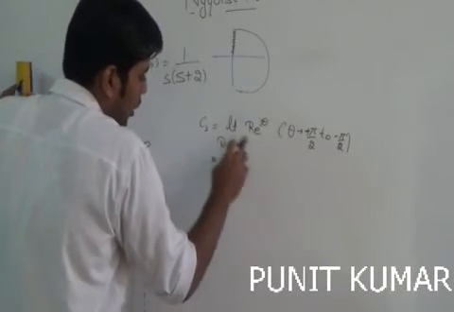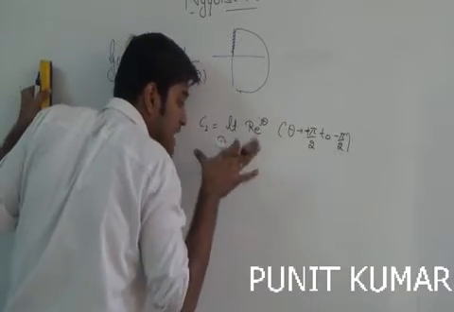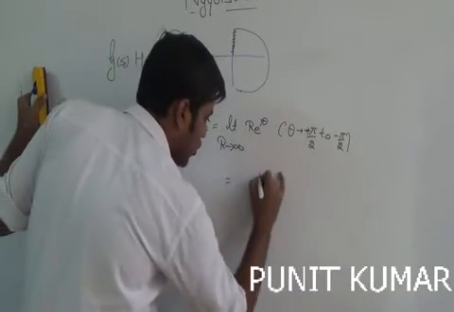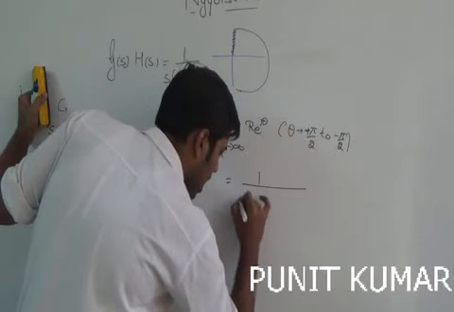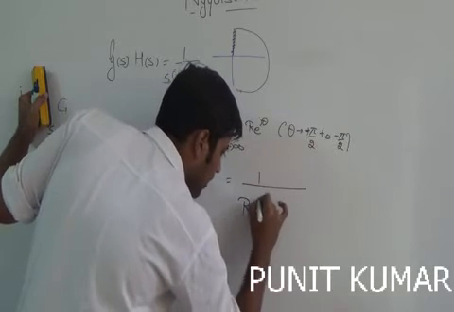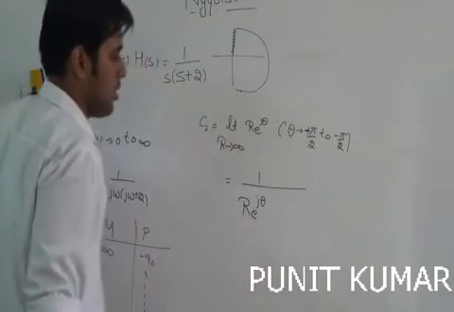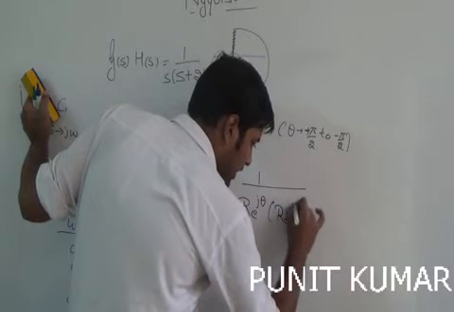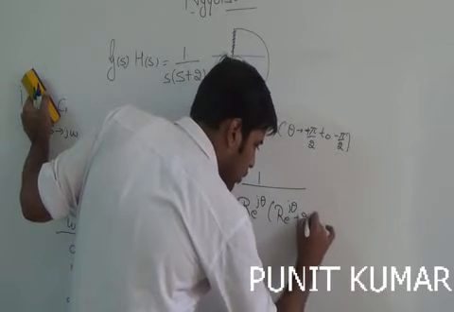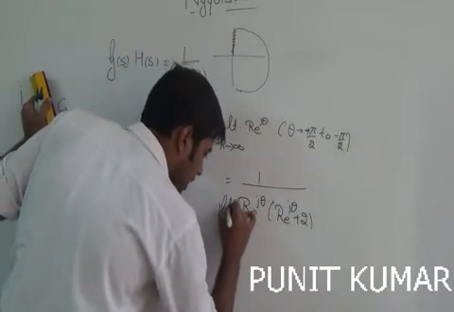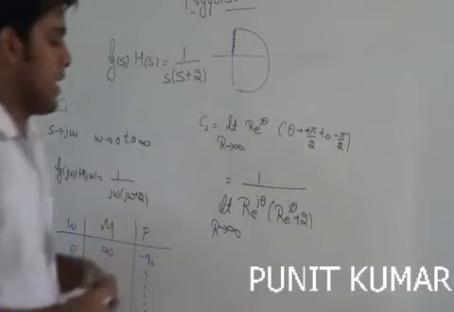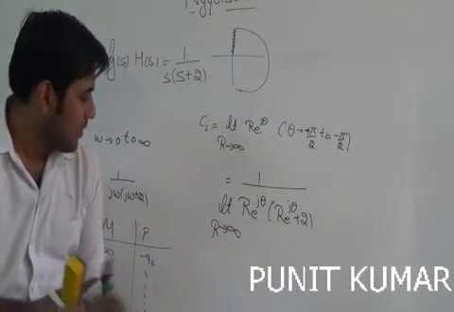Now we are going to calculate for C2. That will come out to be 1 divided by R e to the power j theta, divided by R e to the power j theta plus 2, limit R tends to infinity. What does that mean?